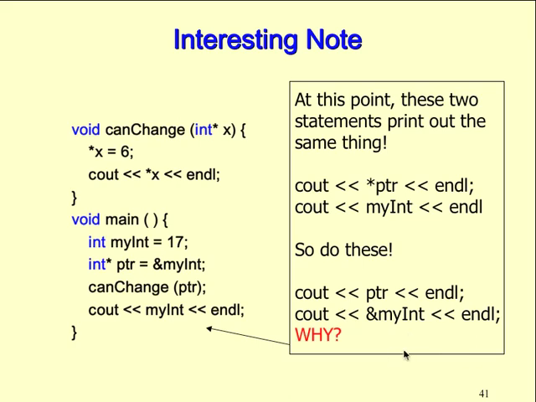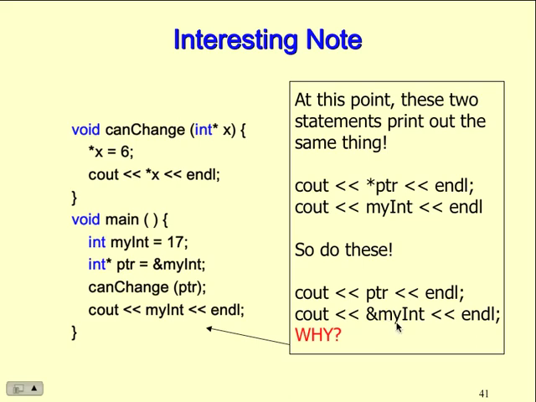Interesting note. At this point, there are 2 statements that print out the same thing. If we follow PTR, or if we print out my integer, as we saw before, these do the same, actually. If we print out PTR, and we print out the address of my integer, they're both 7.